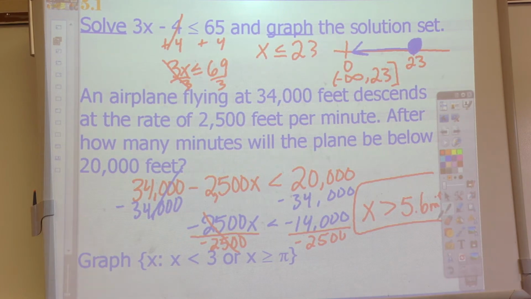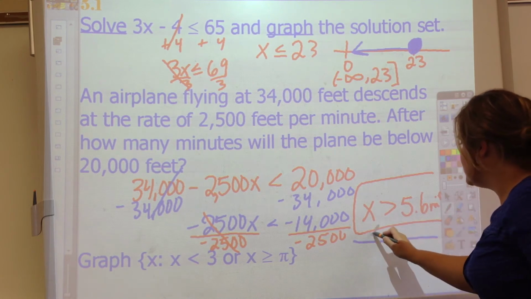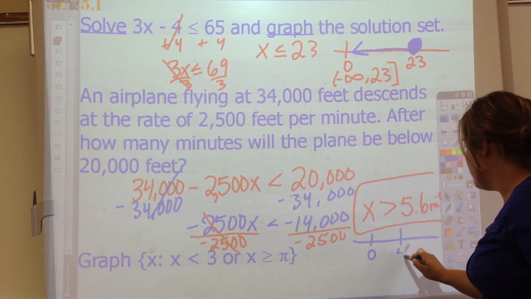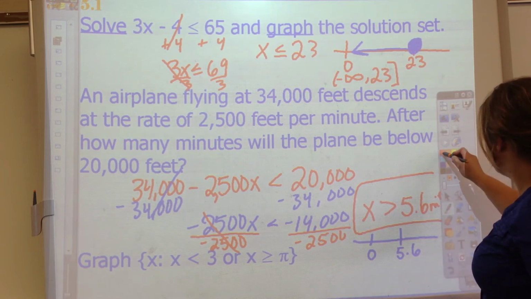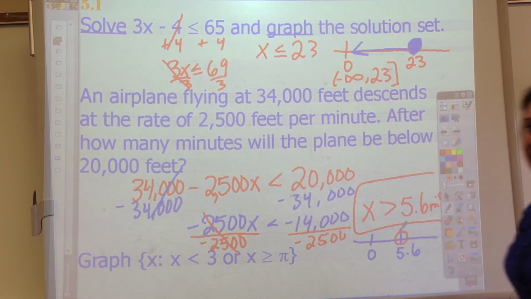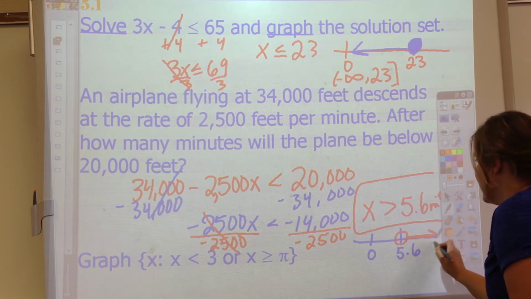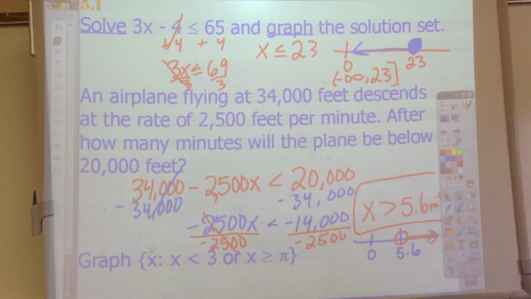As a graph, if I had asked you to graph it, you would show me 0 and 5.6. You would graph it with an open circle, as it is not equal to it. And then you are going to shade to the right, because you want everything greater than this value. It's when x is greater than 5.6 that your plane is below.